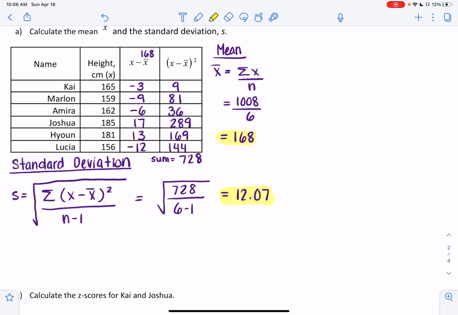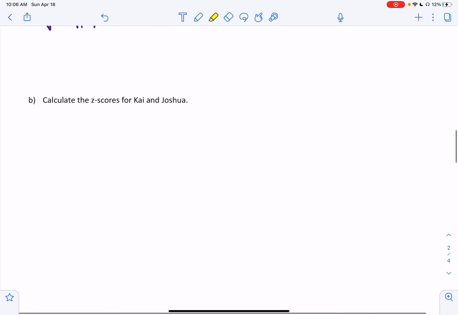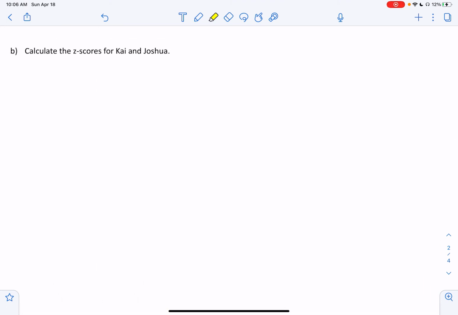Now, just to make things a little bit easier for us, I'm going to write some of the important information down here. Kai's height was 165. Joshua's height is 185. Just as a reminder, the mean for our sample is 168, and our standard deviation is 12.07.